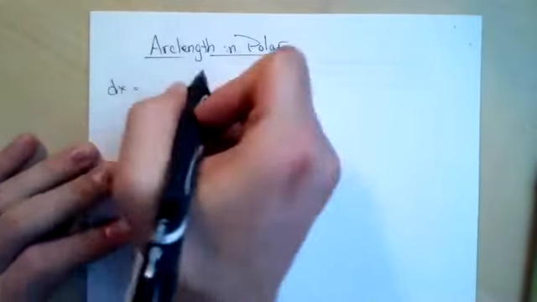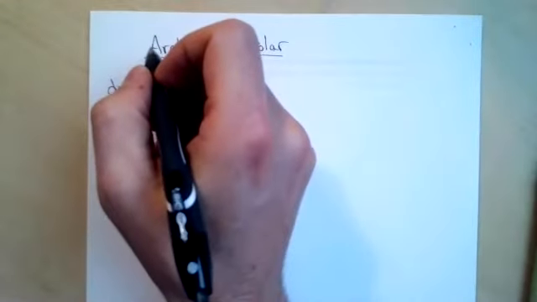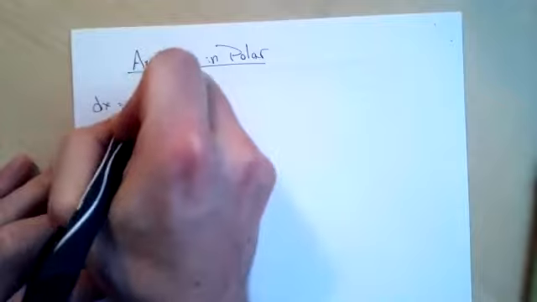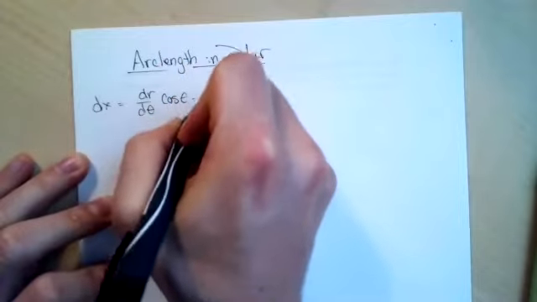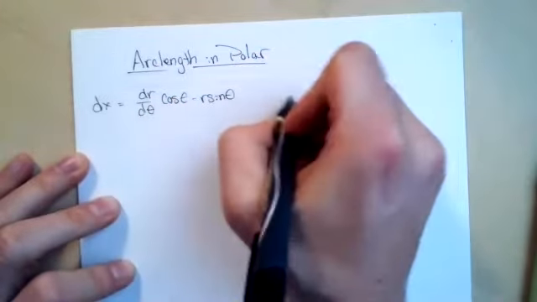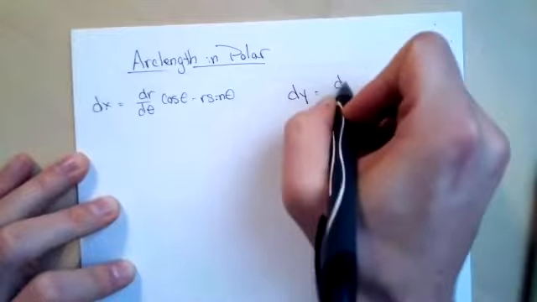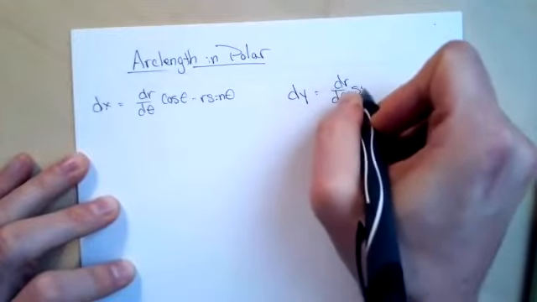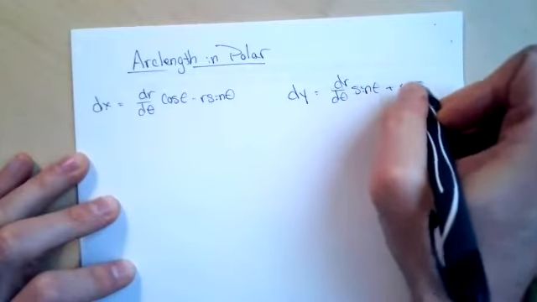So remember our dx, let's bring that up again, was what? d theta cosine theta minus our sine theta, and dy is d theta sine theta plus our cosine theta.